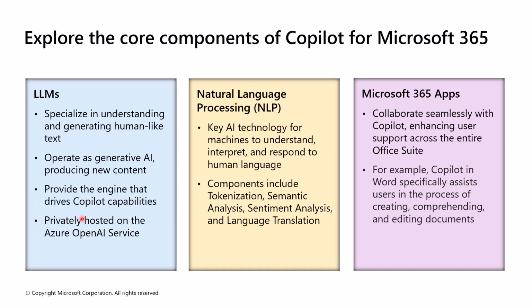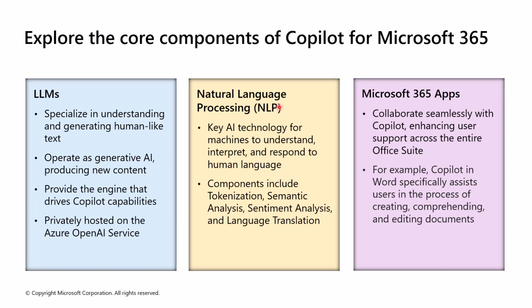So the next component is natural language processing, NLP. Now, NLP is a key AI technology for machines to understand, interpret and respond to human languages. As the name implies, natural language, right? As I'm talking, that's my natural language. As I'm typing, as I'm writing, that's my natural language.